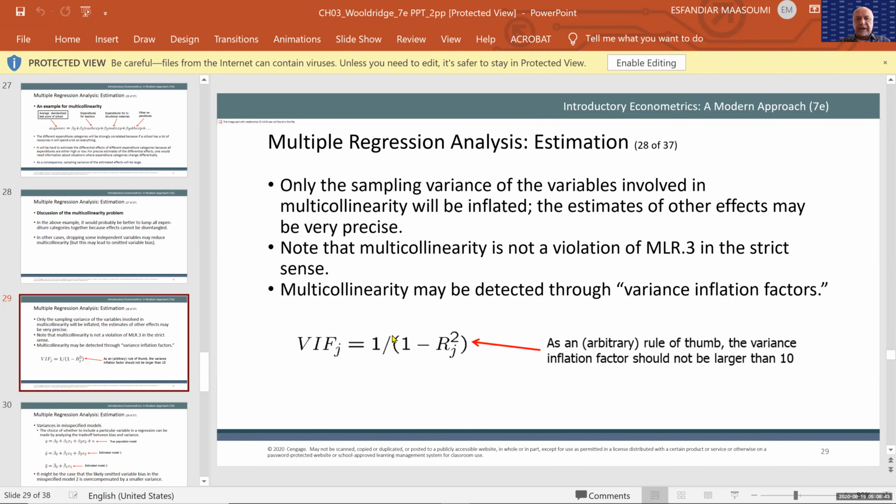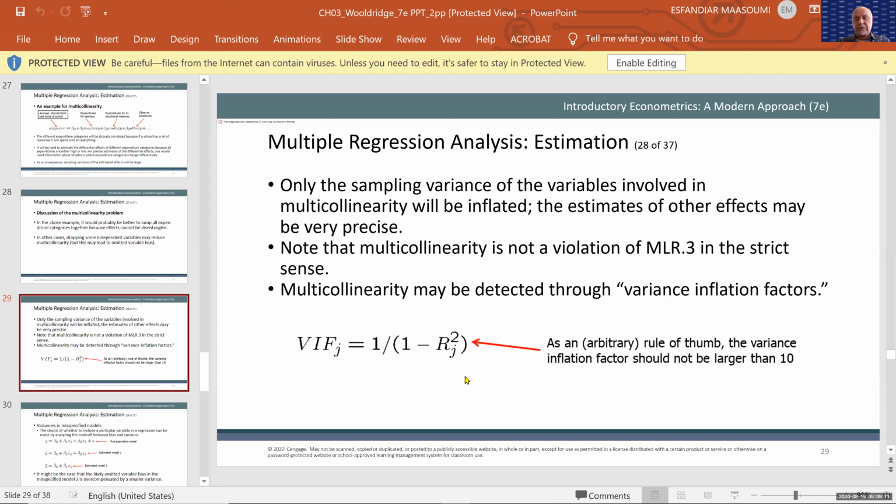This inflation factor, remember, multiplied by the variance of beta hat j from a bivariate regression, was the variance of beta hat j in multiple regression. This could be something you look at, and if you find that this is very large, that's grounds for suspecting multicollinearity and also a suggestion of which xj to drop.